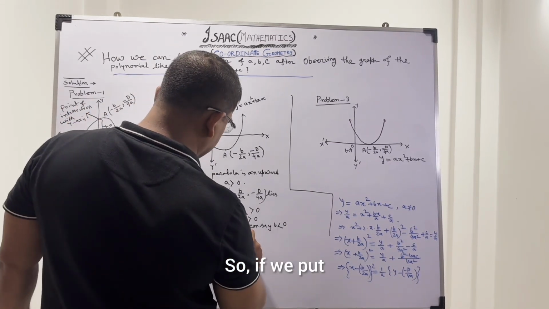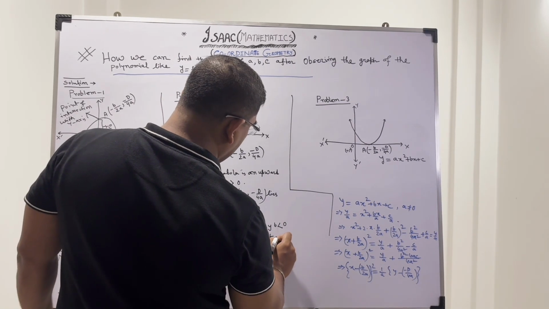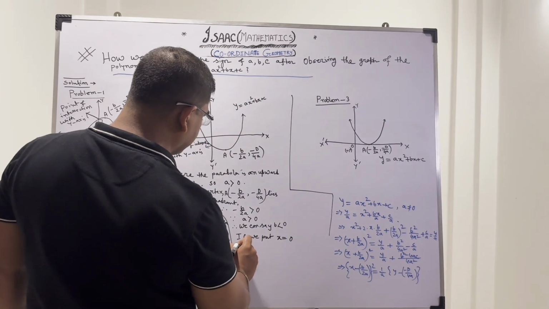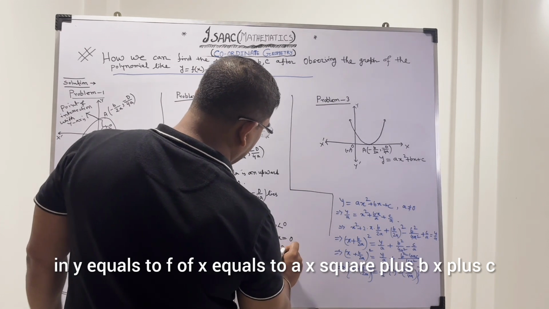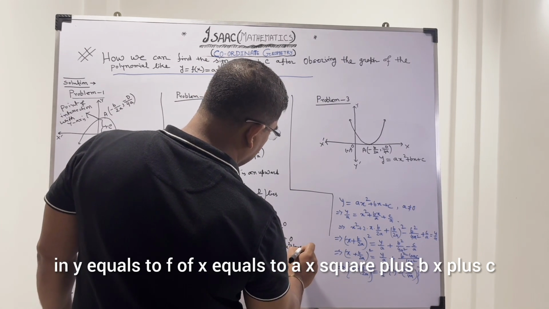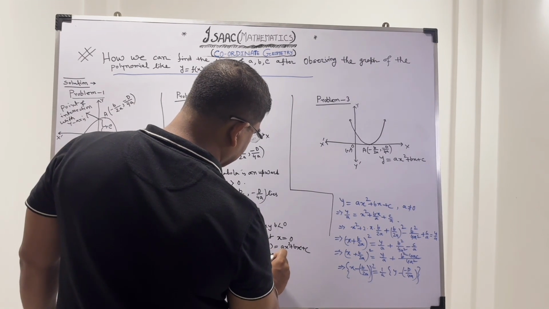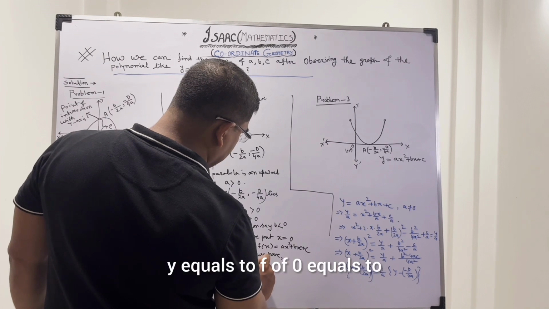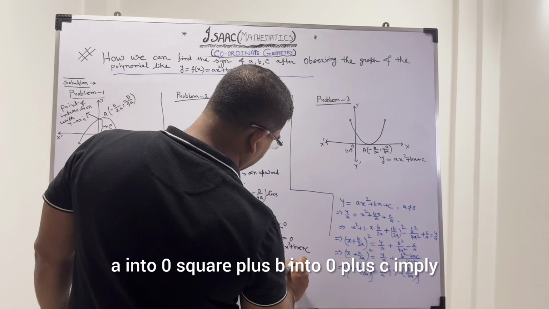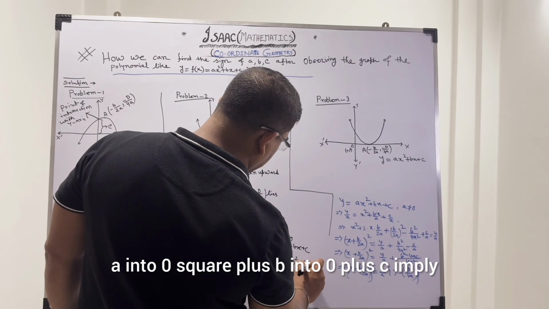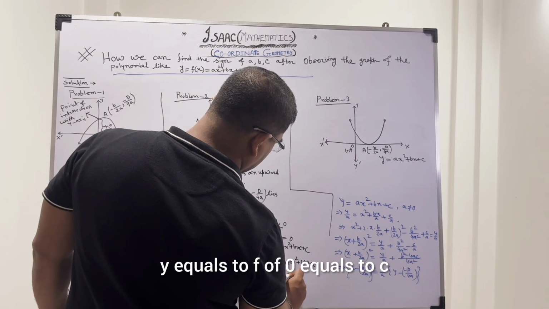So, if we put x equals to 0 in y equals to f of x equals to ax square plus bx plus c, then we have y equals to f of 0 equals to a into 0 square plus b into 0 plus c, which implies y equals to f of 0 equals to c.